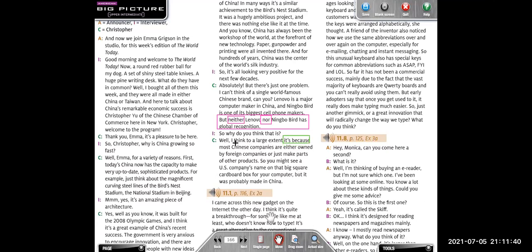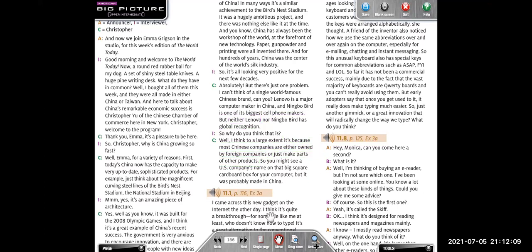Okay. Owned, right? Very good. So here we have the sentence. It's because most Chinese companies are either owned by foreign companies or just make parts of other products. Okay, thank you guys. These are the two examples, right?